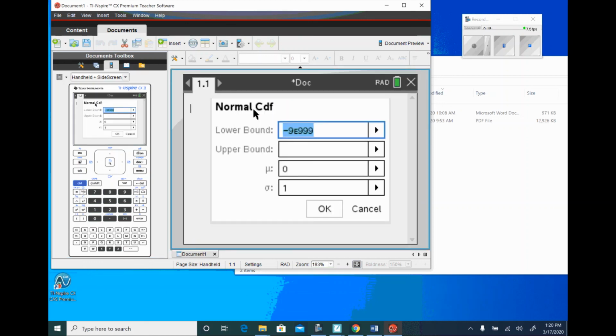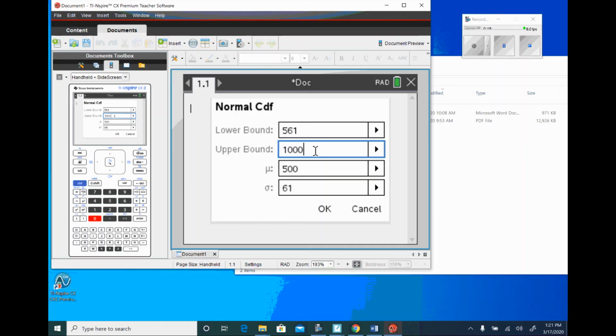When you click on this, it's going to ask you for a lower bound and an upper bound, then your mu and your standard deviation. Our mu is easy, we already know that's 500. Our standard deviation is 61. Our lower bound here is 561, since we want data greater than 561. For your upper bound, you kind of have to estimate. I'm just going to put in 1,000.